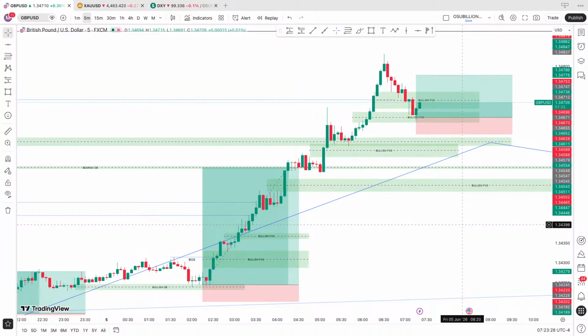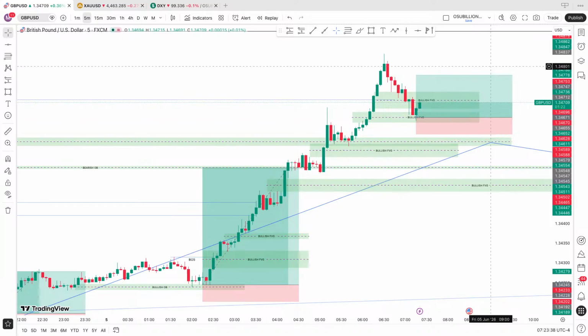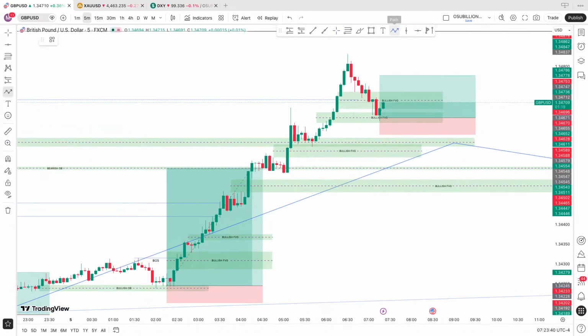So currently, this is what the market is offering to us. Is it going to continue the trend upwards, or is it going to retest before it moves upwards? This is where the market started from.